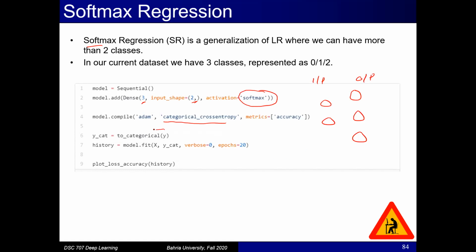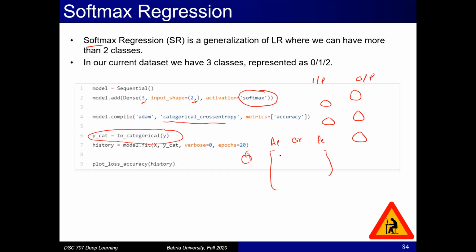One new statement which was not there previously. What is this statement doing? You don't need to memorize these, I'm just giving you a walkthrough. This statement is converting your labels into one hot representation. If you remember, we have 3 classes. For example, if I have 3 classes like apple, orange, and peach, and I have an apple, how do I represent that apple?